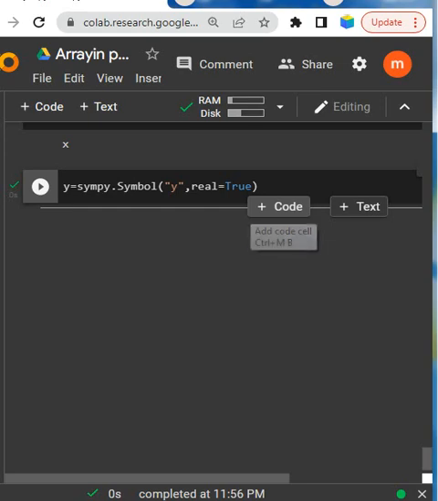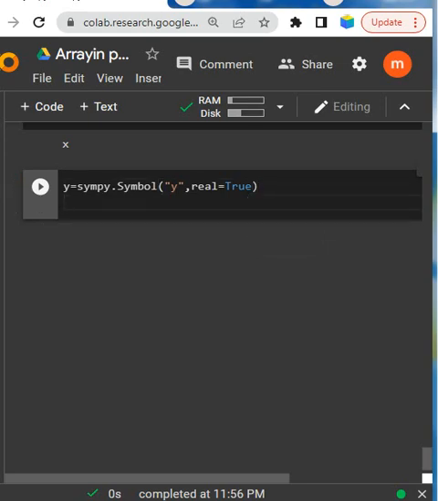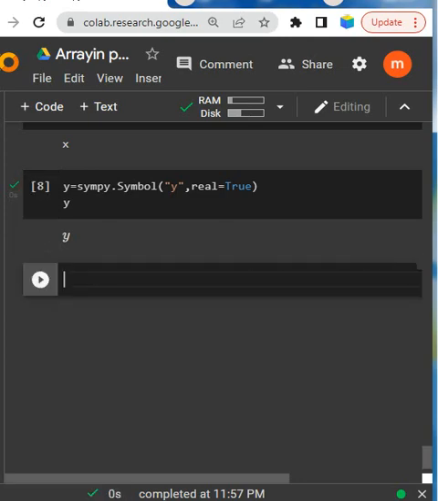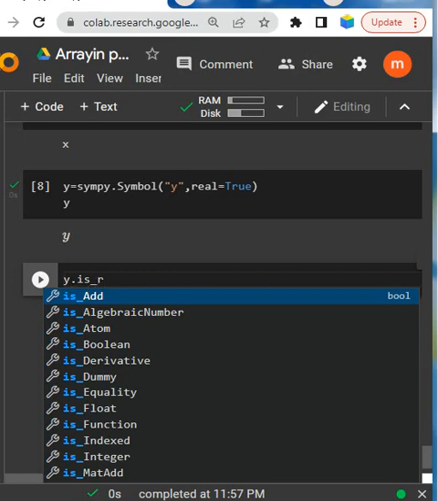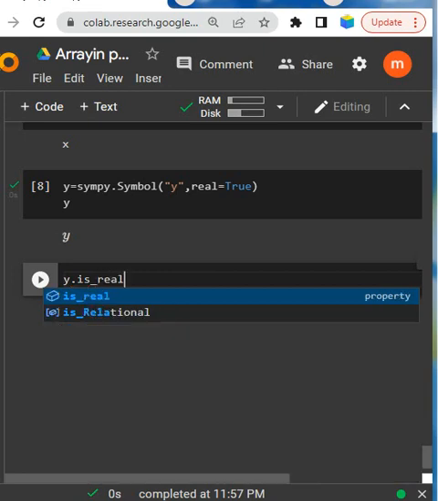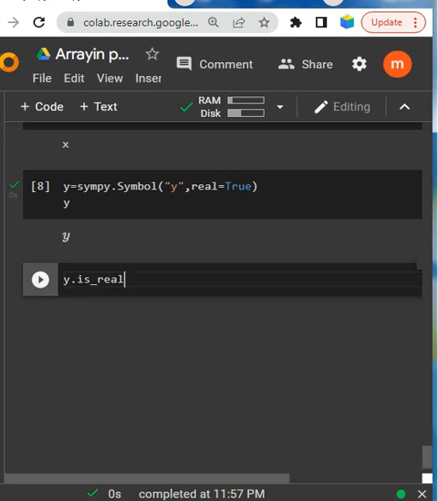If I print y.is_real and ask the question whether y is real, the output will be yes, it is True.